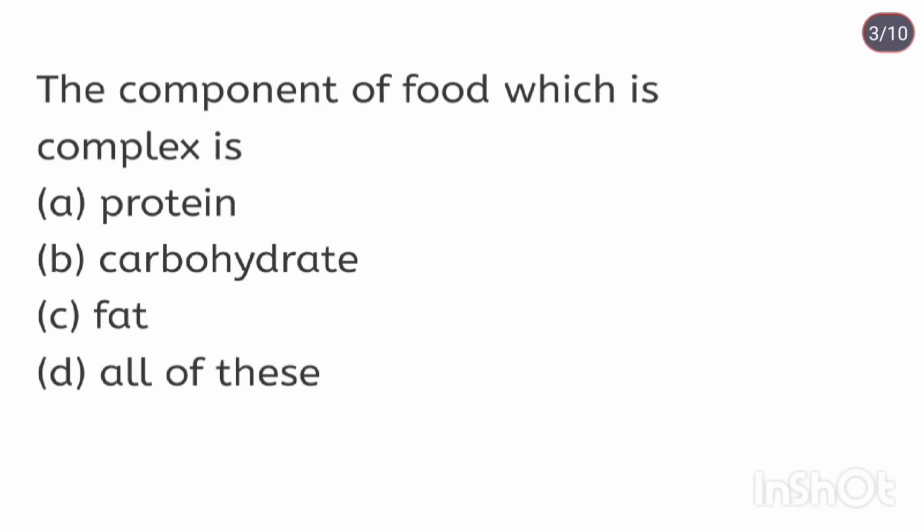The component of food which is complex is all of these. The component of food such as carbohydrates are complex substances. These complex substances cannot be utilized as such, so they are broken down into simpler substances.